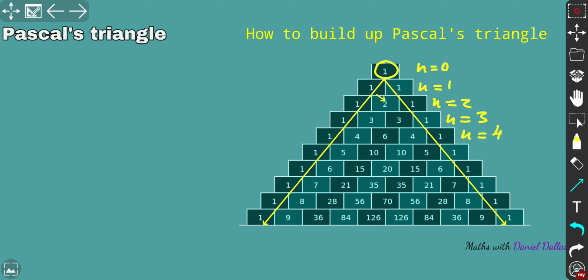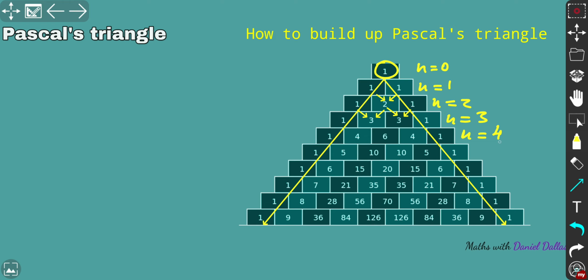So in order to get 2, you simply add the 2 adjacent numbers above. Okay, let's see how those 3 can be calculated. Again, the lateral one is always 1, right? The edge number, and those 2: you add them up, 1 and 2, you'll get 3. In the same way, you can get 3 here.